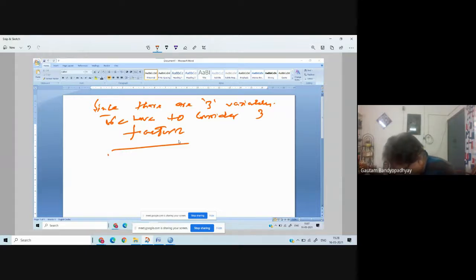How can I solve this? Suppose F1 is one factor, F2 is another factor, F3 is another factor, because three variables mean three factors. And F1 is a linear combination of the three variables. This is very, very important.